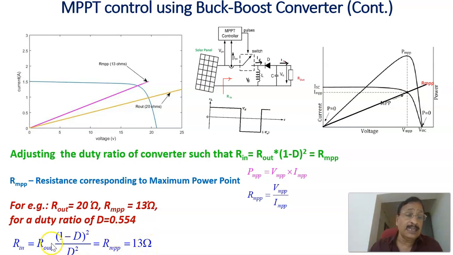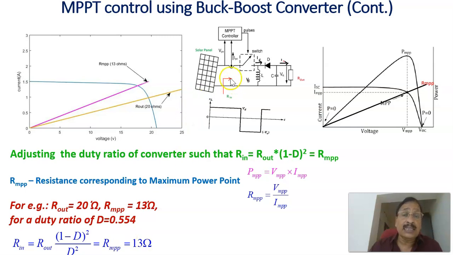As an example here, R out equals 20 ohms, and RMPP is 13 ohms. Now if you adjust the duty ratio of the switch so as to make D equal to 0.554, and substitute that, we get R in, the resistance seen at this point, equal to 13 ohms, which is the same as RMPP.